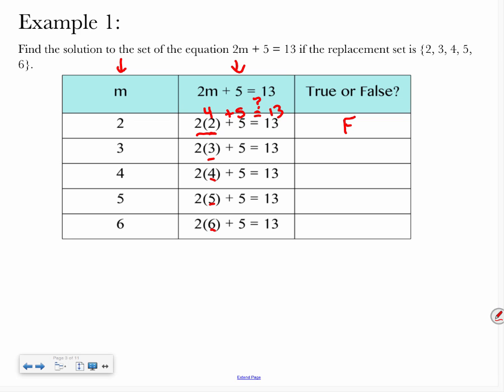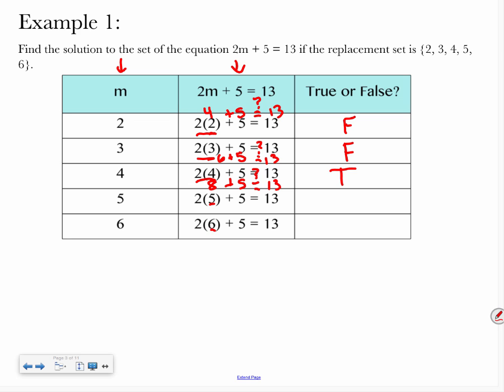Looking at the next one, 2 times 3 is 6, plus 5. Does that equal 13? 6 plus 5 is 11, so that is also false. Now 2 times 4 is 8 plus 5. Does that equal 13? Yes. So this is the true value.